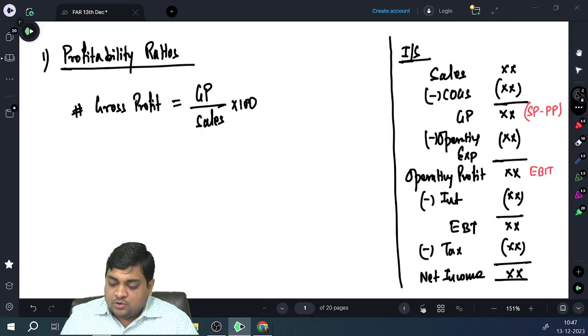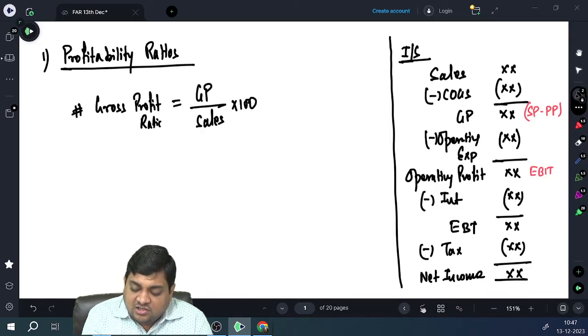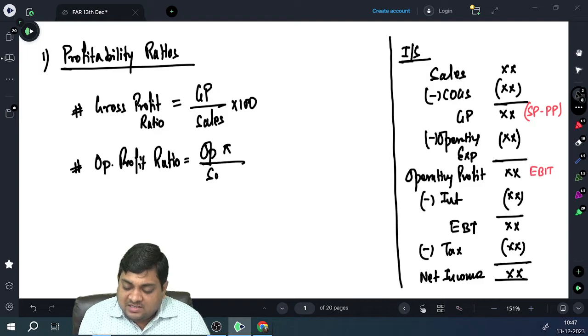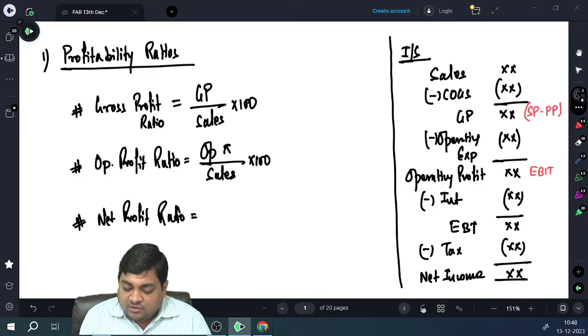Okay, so basically gross profit ratio is the relationship between gross profit and sales. Similarly, we have operating profit ratio, so that's operating profit by sales into 100. Then we have net profit ratio.